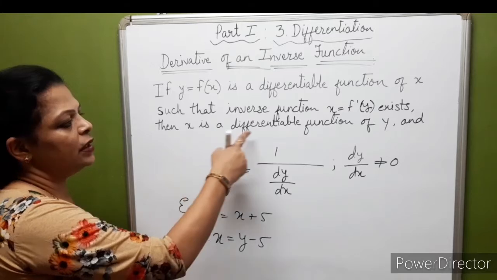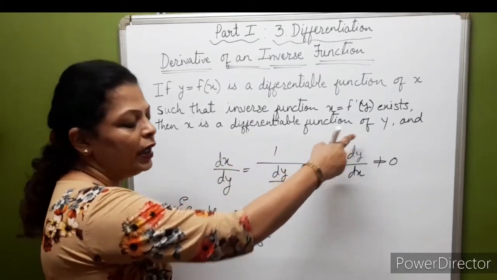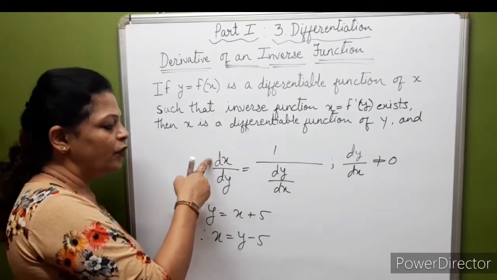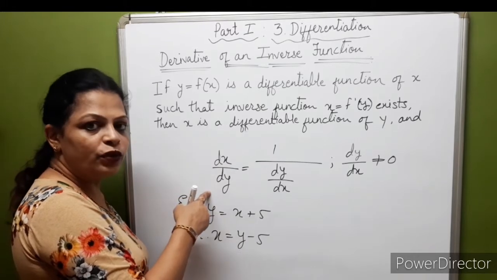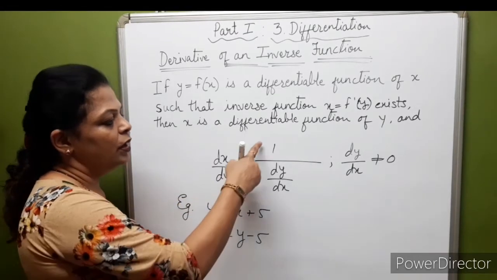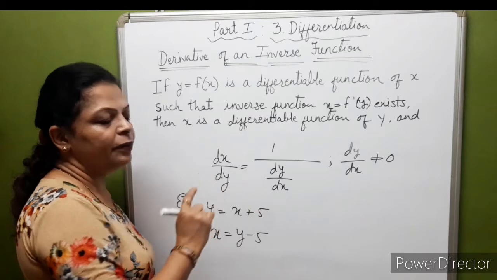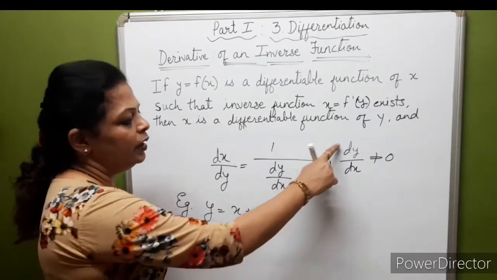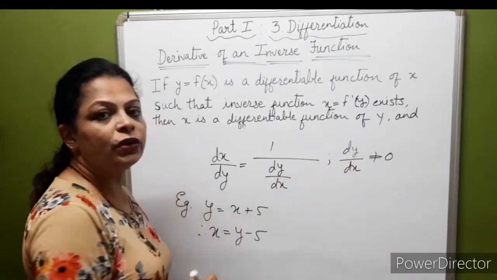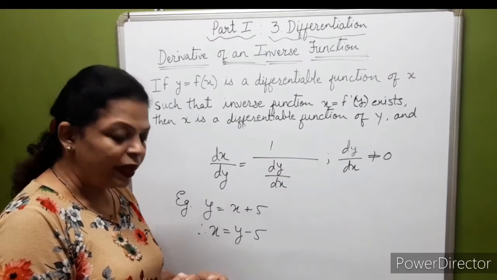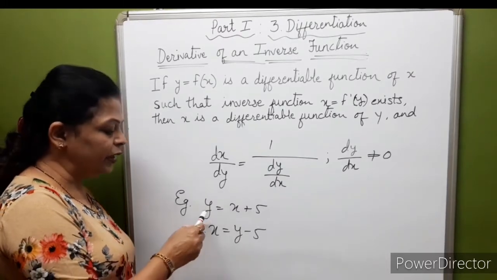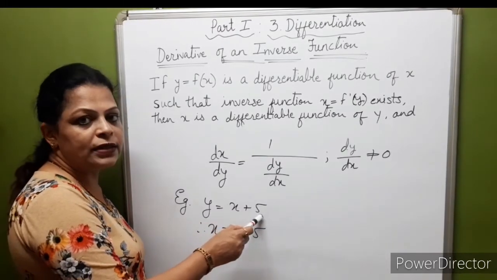If the inverse function exists, then x is a differentiable function of y and the derivative of x with respect to y is equal to reciprocal of dy by dx, where dy by dx is not equal to 0. Now where is this used? Suppose you are given y in terms of x.